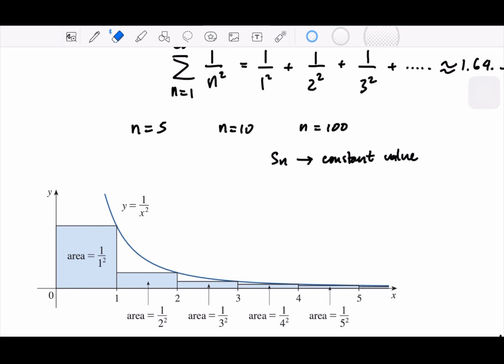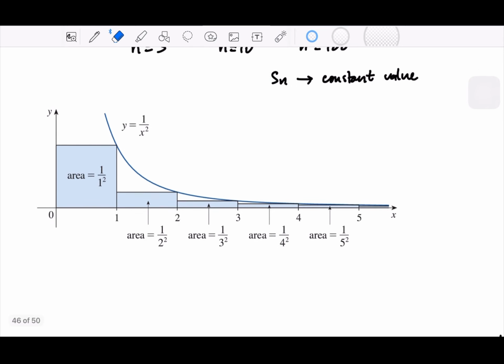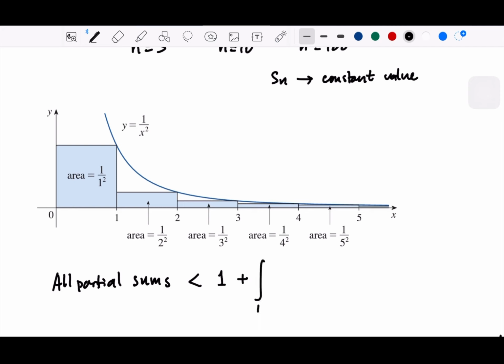So if we exclude the first rectangle, the picture shows that the total of the partial sums is less than 1 plus this integral.